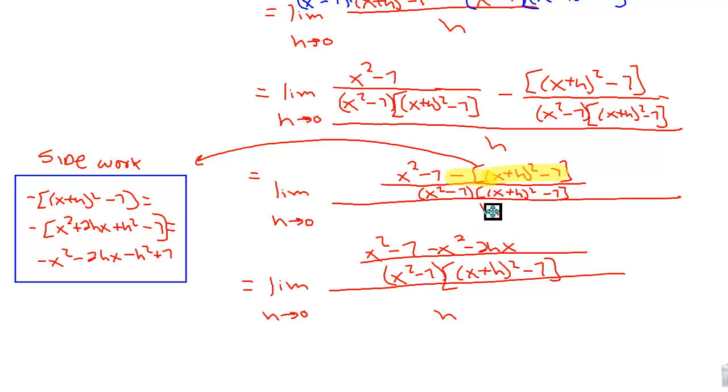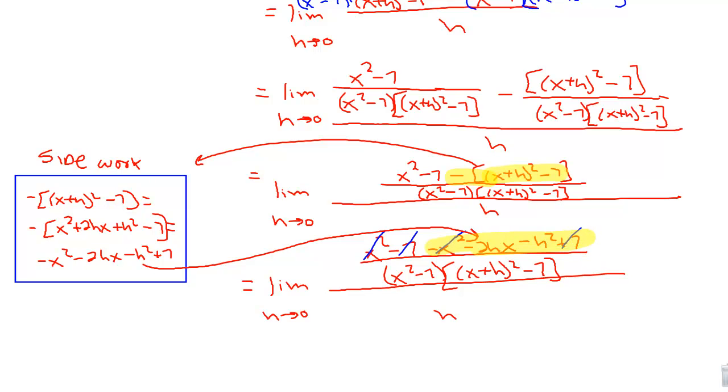Don't like this h so close to me. Things cancel. Things must always cancel. Minus x squared and a plus x squared, and minus 7 and a plus 7. So what is left? I should say where this went. This went right into here.